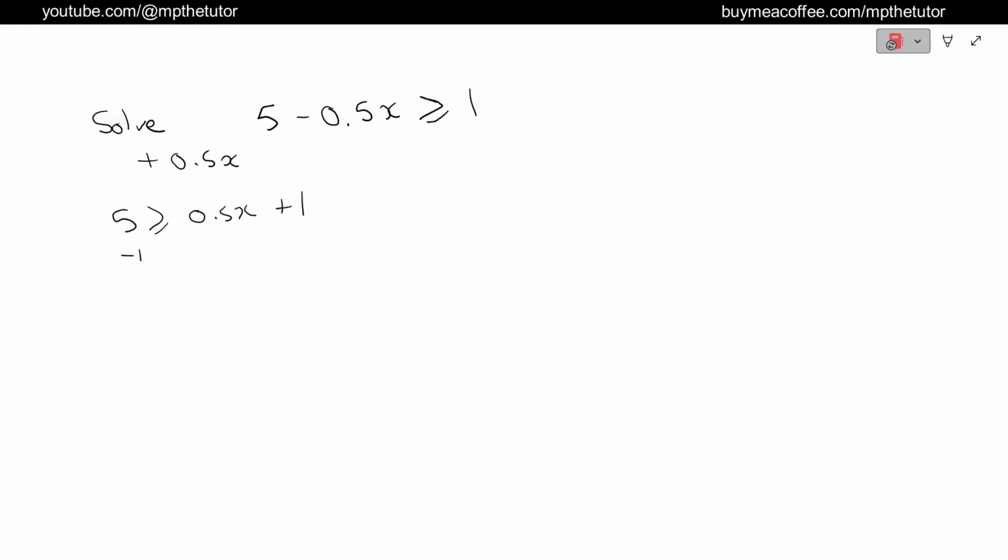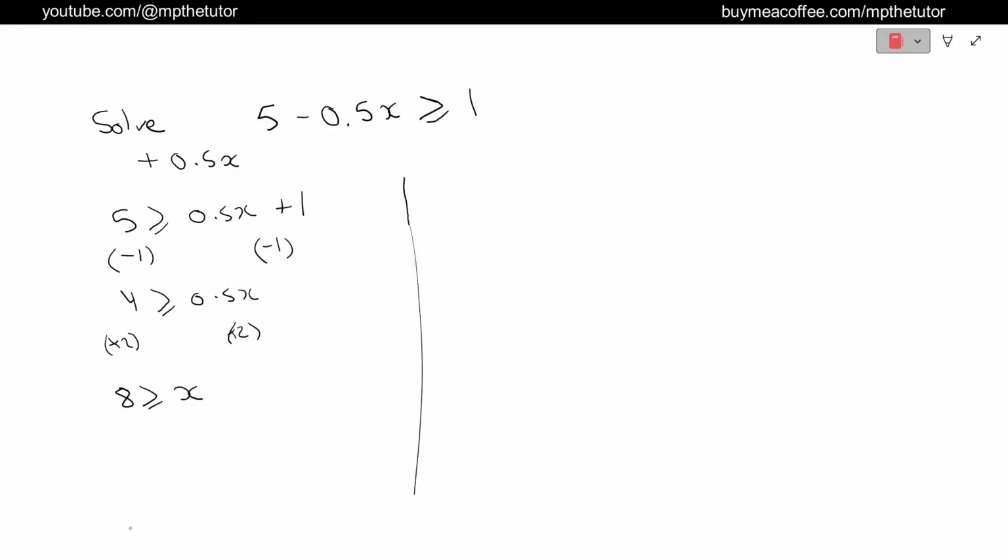Then I can take away 1, take away 1, and then you have 4 is greater than or equal to 0.5x. And then you can divide by 0.5 or times by 2. So we end up with 8 is greater than or equal to x.